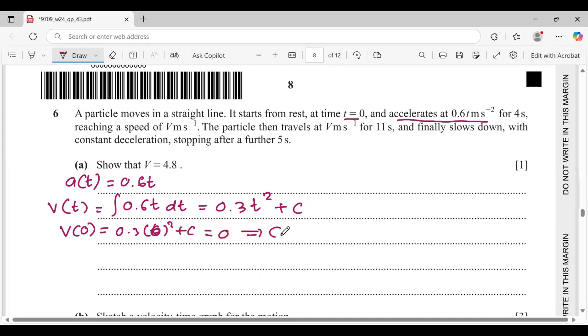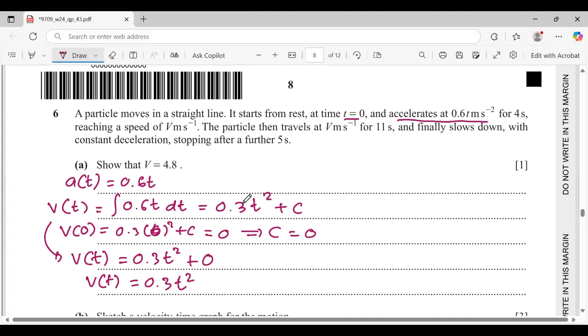So it means c equals 0. So the velocity function becomes 0.3 t squared plus 0. So the function is 0.3 t squared. This is the velocity function.